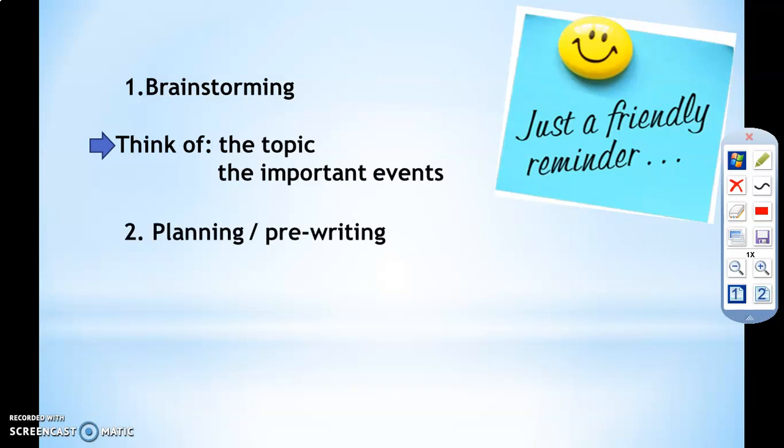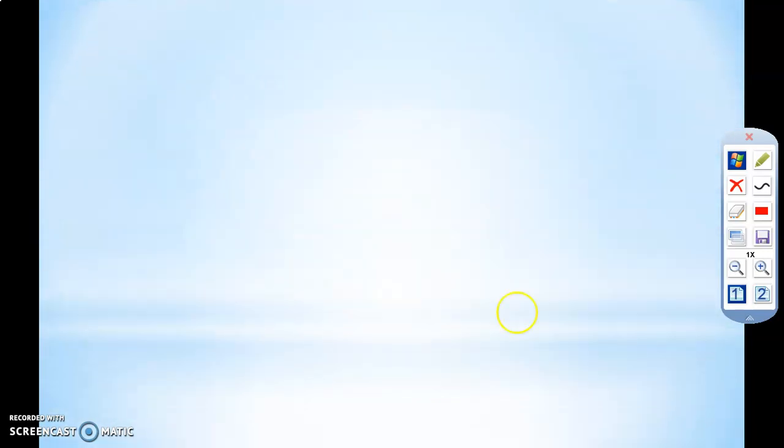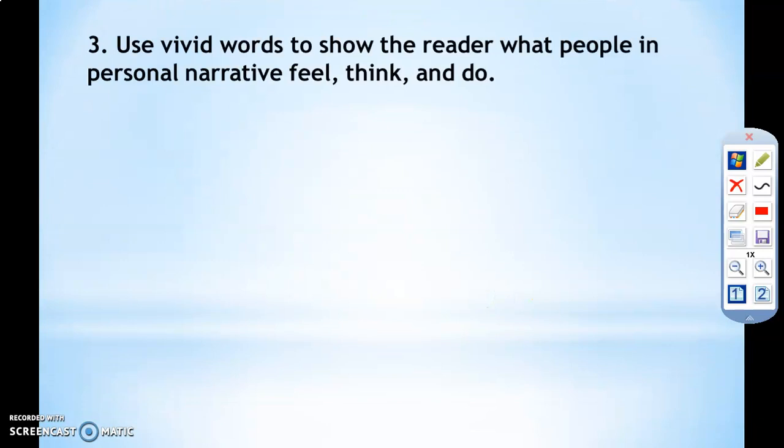So when I finish my brainstorming, I start planning my paragraph. That means I should choose what I should write about exactly. Then I start pre-writing. When I pre-write, I have to use vivid words. What do we mean by vivid words?